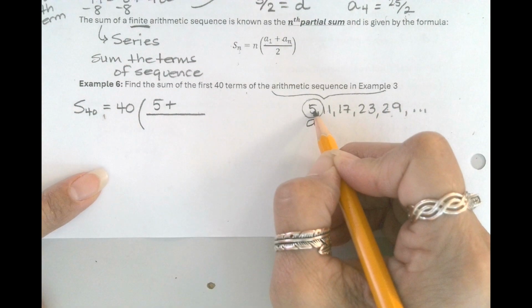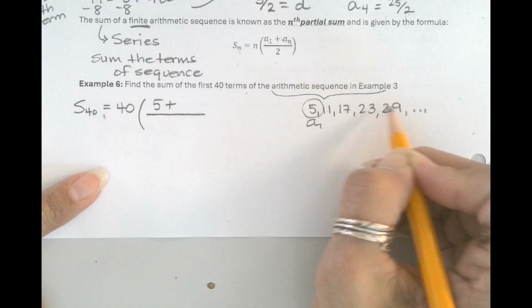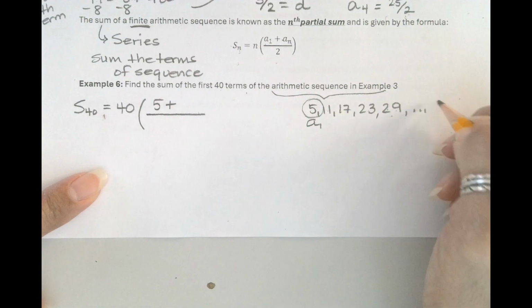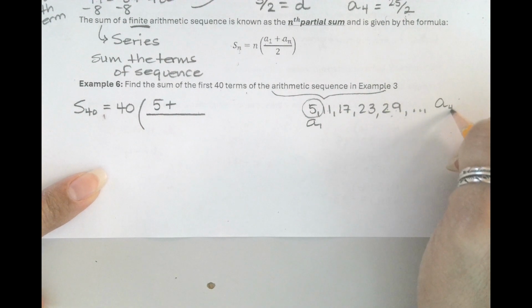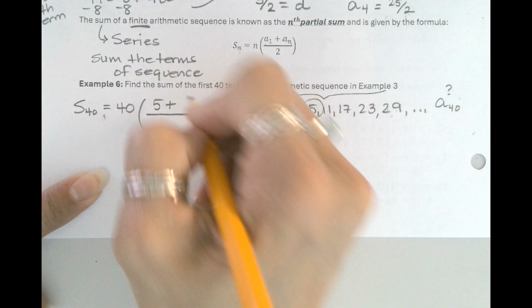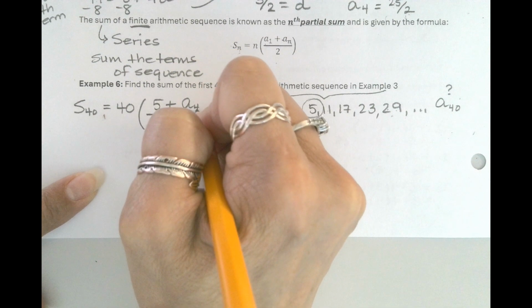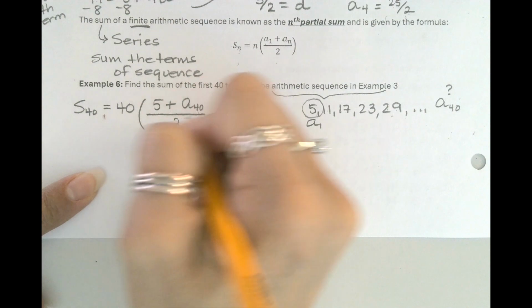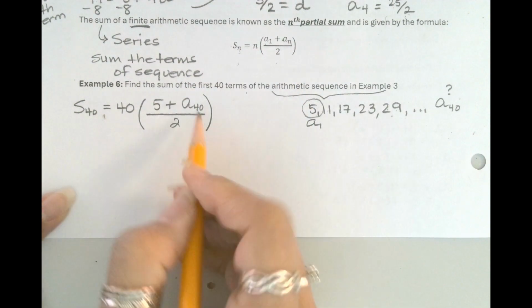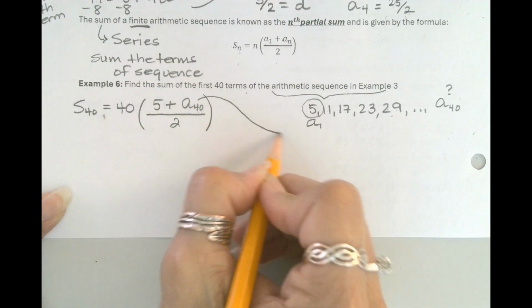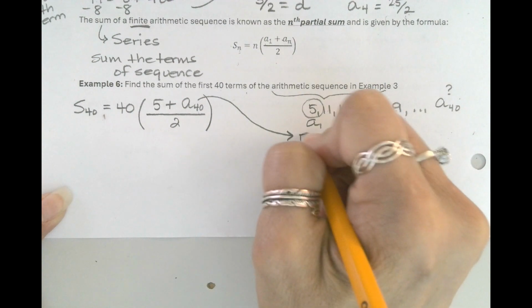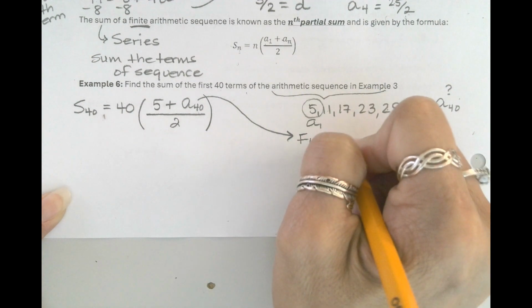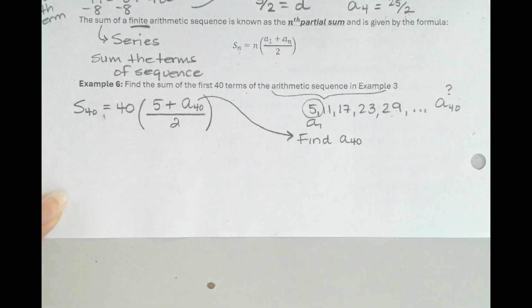Well, we only have a sub 1, 2, 3, a sub 4, a sub 5. We don't know what a sub 40 is way over here, right? So I'm just going to put a placeholder here as a sub 40 because I don't know what it is, over 2. So I need to go find a sub 40 so I can finish off that formula.